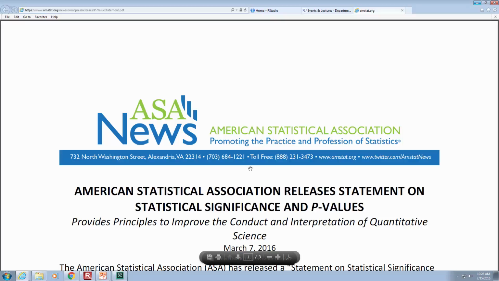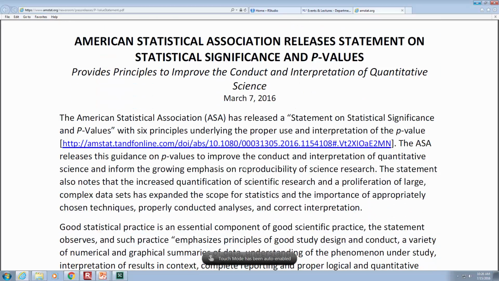But the idea here is that p-values alone can't confer the significance of a result. P-values are really supposed to be interpreted in the context of a very well-designed study. And if they're generated from something other than that, they alone really can't provide us with a measure of statistical significance, let alone clinical significance.